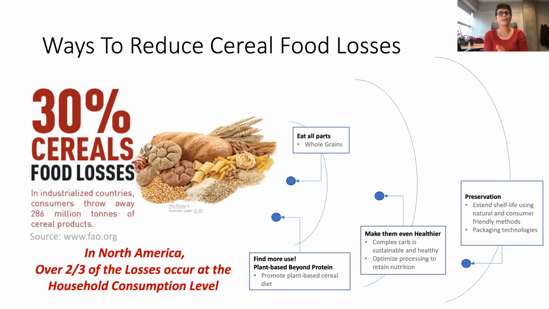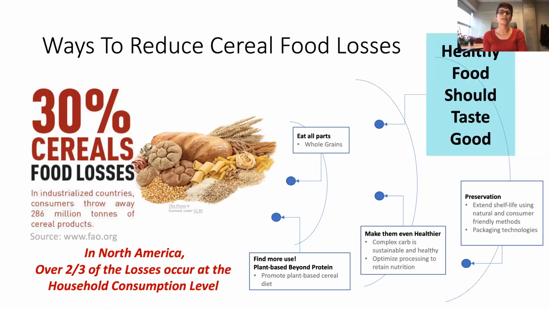One example here is eating all parts: learn how to eat whole grains and educate consumers that this is healthy and beneficial to their system. Find more uses, plant-based beyond protein, promote a plant-based cereal diet, make it even healthier, provide complex carbs for sustainable health, and optimize processing to retain nutrition.